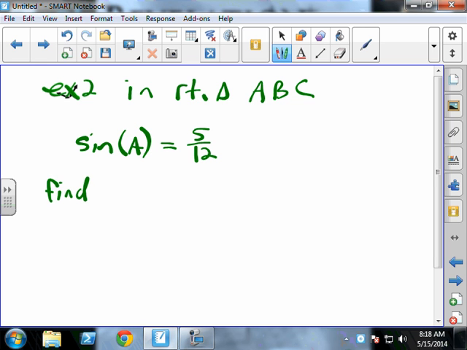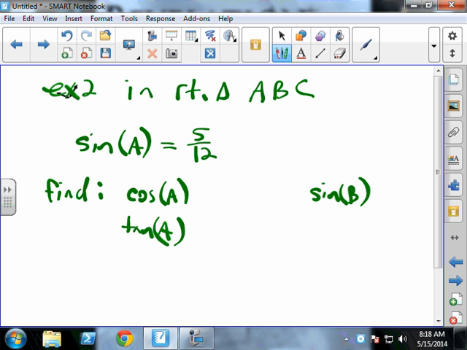Find the following: the cosine of A, the tangent of A, the sine of B, the cosine of B, and the tangent of B. Do we have enough information to find all those?